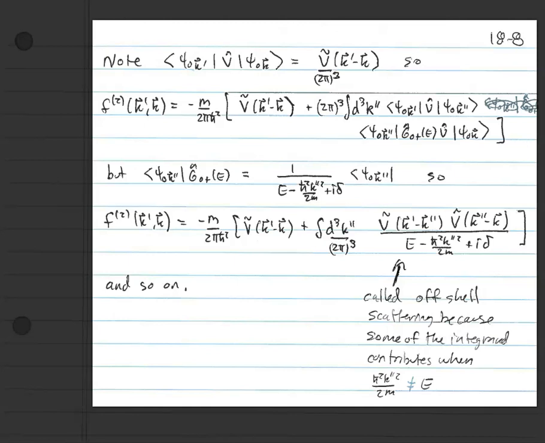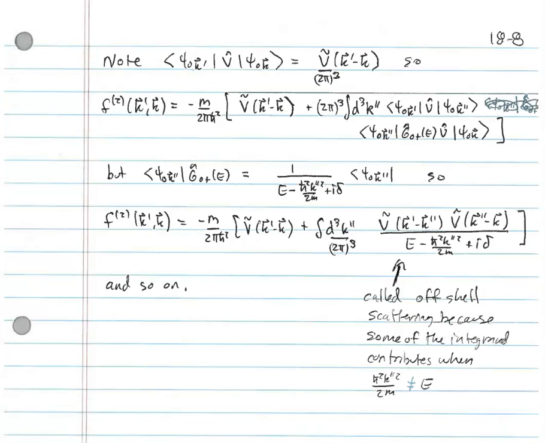But of course, if you look at that term, 1 over E minus ħ²k''² over 2m plus iδ, that term is of course very sharply peaked when k'' is such that ħ²k''² over 2m is approximately equal to E. So you do have a dominant contribution from the terms that are on shell, but you also start picking up contributions from terms that are off shell.